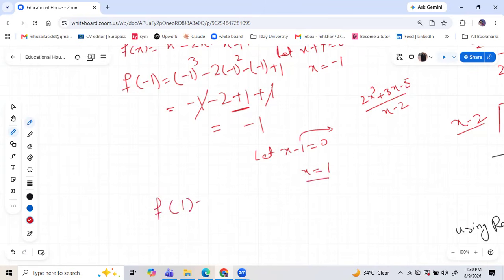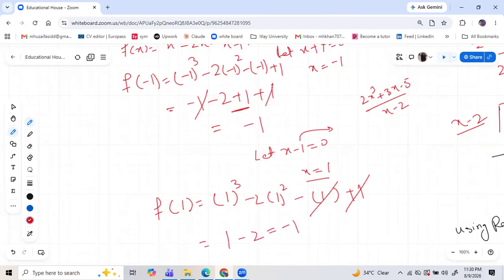So f of 1 equals 1 cubed minus 2 times 1 squared plus 1 plus 1. The minus 1 and plus 1 cancel, which gives minus 2, equal to minus 1.